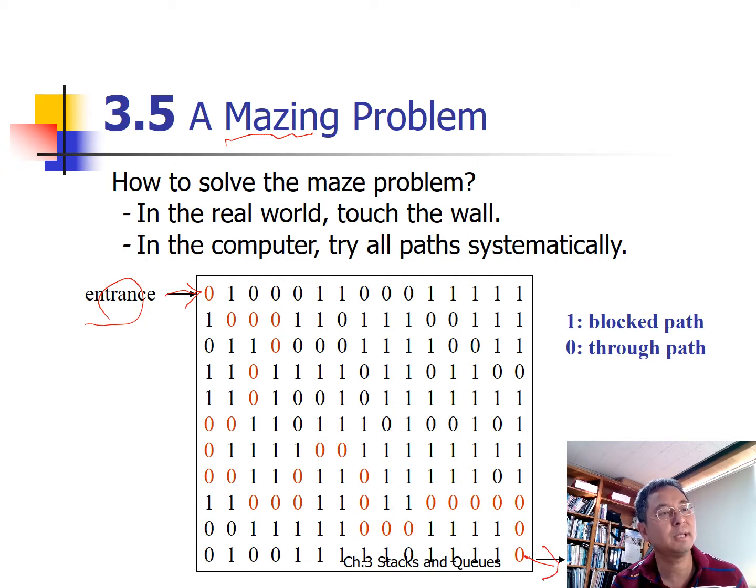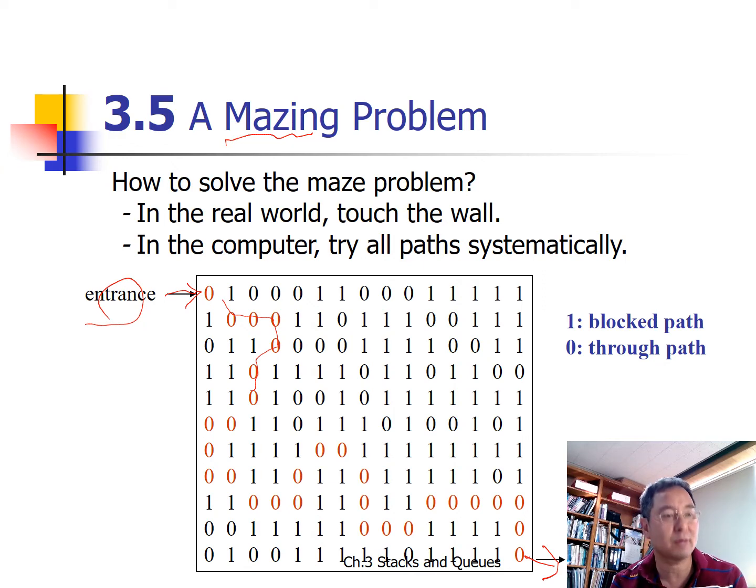Okay, the problem is that we must find one through path, traveling all of the paths from the entrance to the exit.